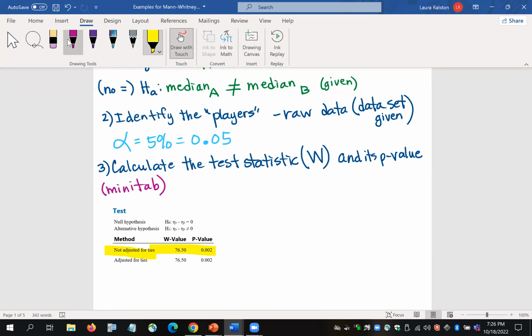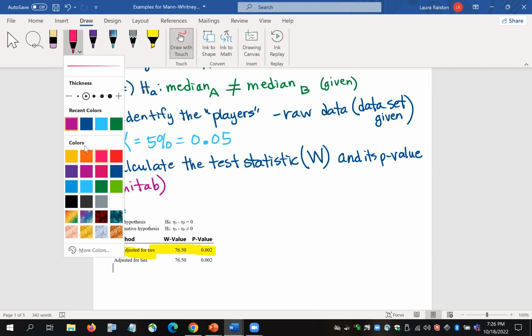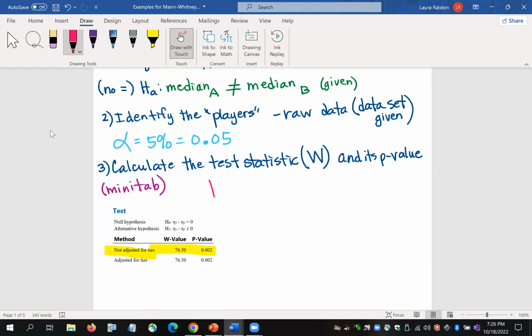What Mann-Whitney does is it takes all of your data values and it ranks them, like puts them in order: this one's first, this one's second, this one's third. And so if there's two values that are the same, so that if they're tied, it will make an adjustment for that or not. And so we use the option for not, okay? And so we record our W test statistic, which is 76.50, and the corresponding p-value is 0.002.